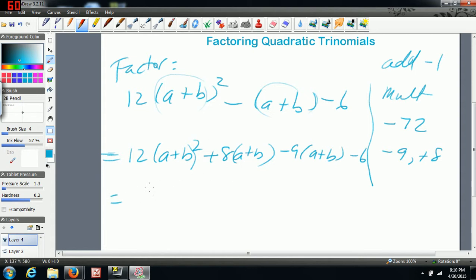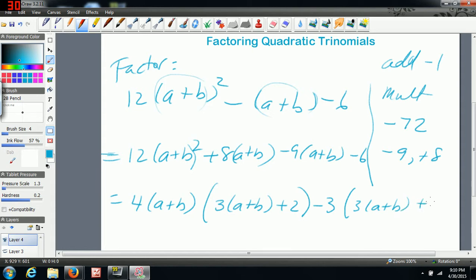Well, you can factor out a 4(a plus b). When you do that, you get 3(a plus b) plus 2. And over here, I could take out a negative 3, and I get, again, 3(a plus b) plus 2. Again, I took out the negative 3 because I wanted these two to be the same.